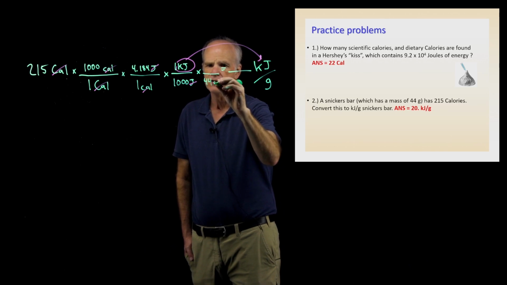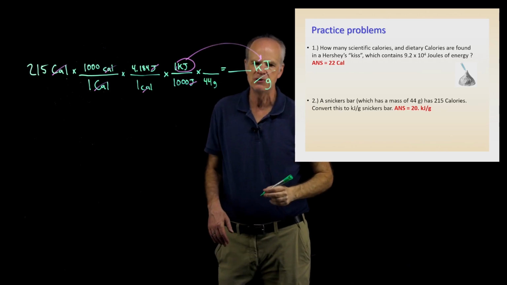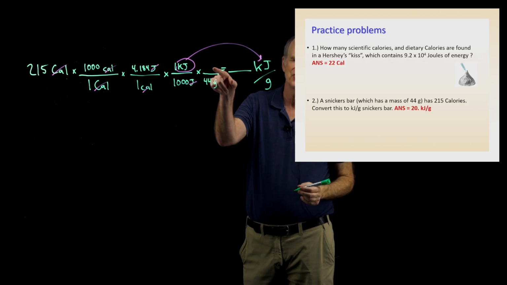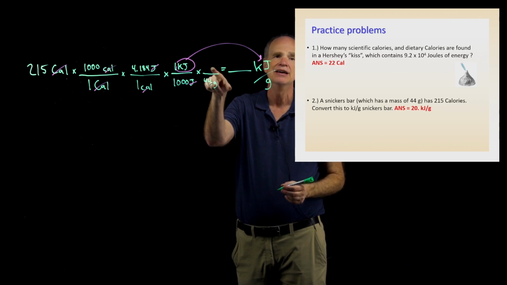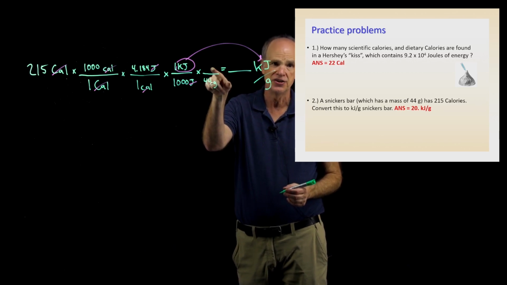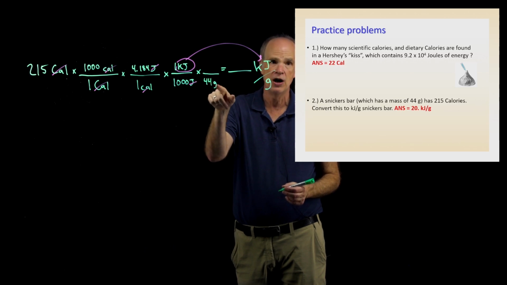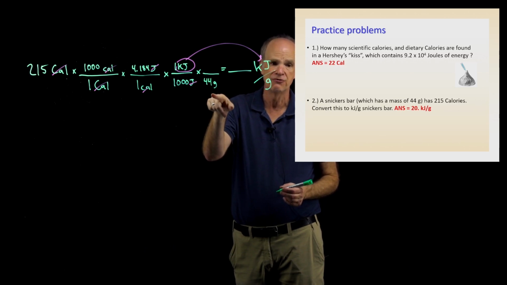44 grams. You might be wondering, in dimensional analysis, do I necessarily have to have some kind of number or unit in the numerator? Believe it or not, in dimensional analysis, the answer is no. You don't necessarily have to have that. So you are welcome to divide by 44 grams.